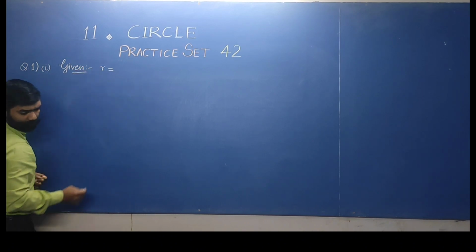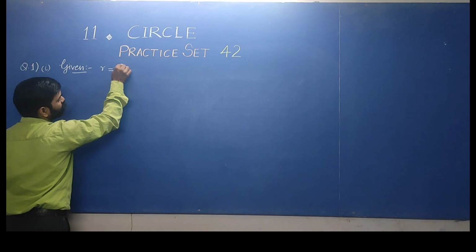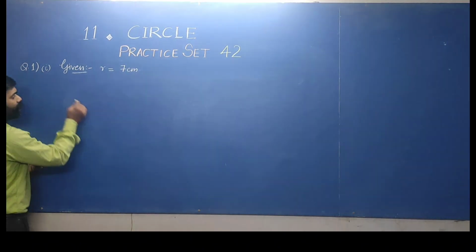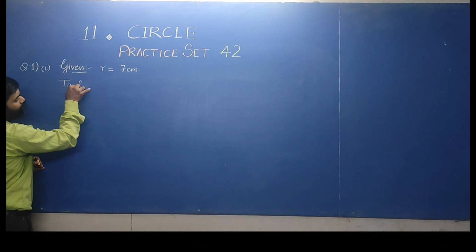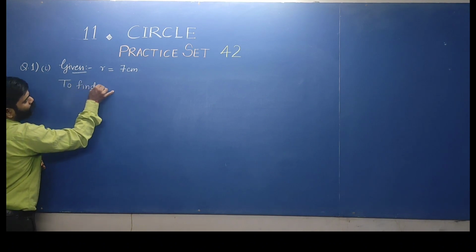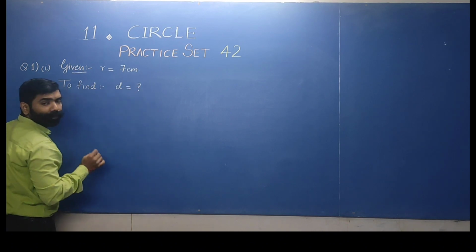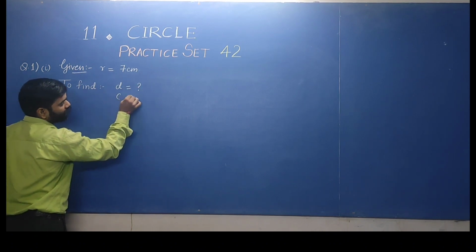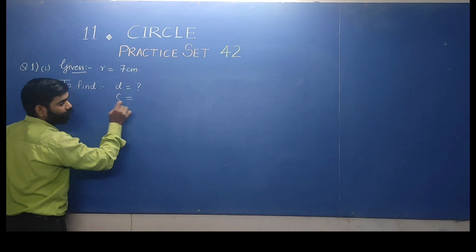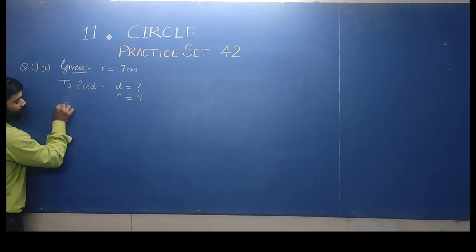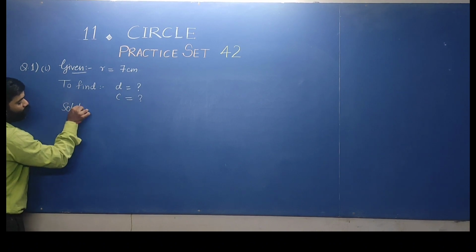Radius is given as 7 centimeter, students. What we need to find is the diameter and circumference. Circumference is also called C, so I am writing C as a shortcut. Then we will get the solution.